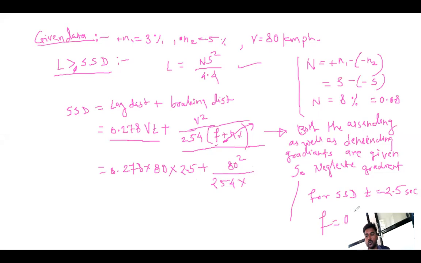As we know, 0.35. The question suggests going with the standard IRC values. Whenever required, you should assume the IRC standard values if they are not given. Here the reaction time is not given, so we will assume 2.5 seconds for SSD. When dealing with OSD, we take 2 seconds. And for the longitudinal coefficient of friction, we always assume 0.35.